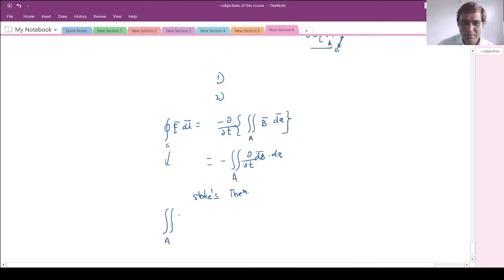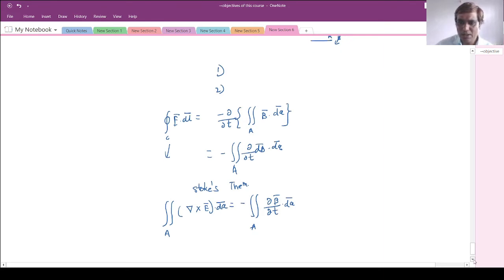So the curl operator gives the cross product of the gradient with the vector field E bar, over the small area dA bar, and on the right-hand side it will be the integral of dB bar by dt dot dA bar.